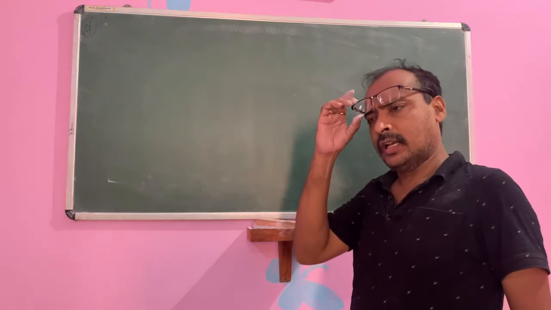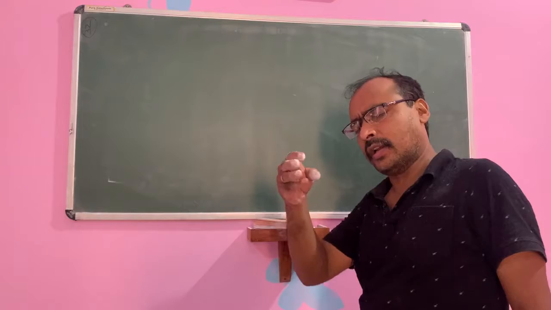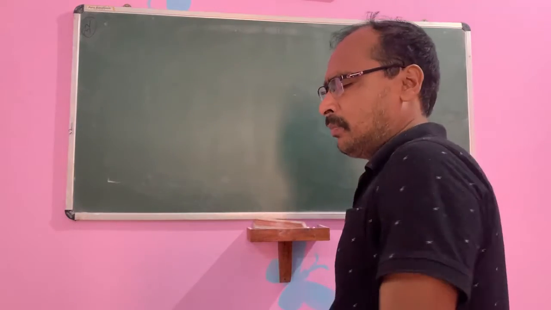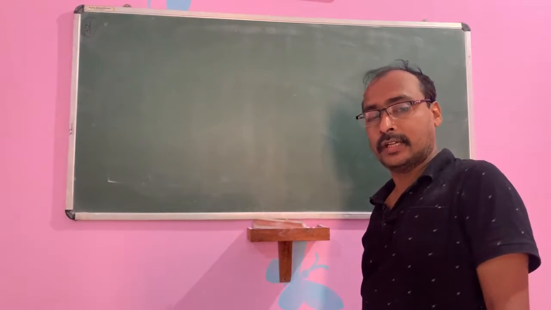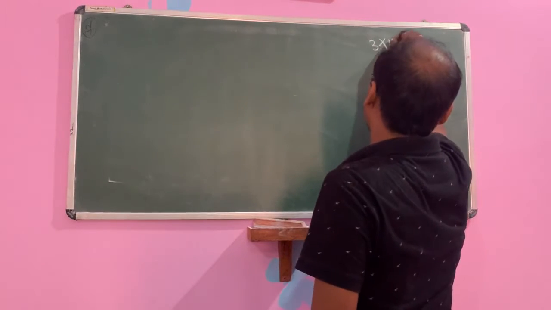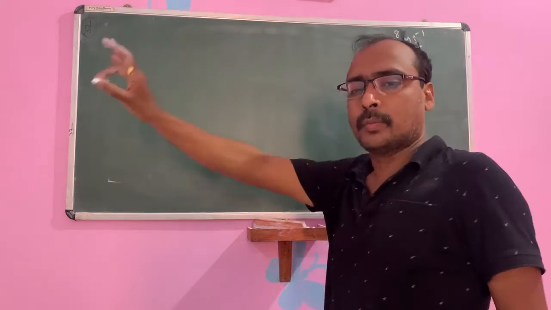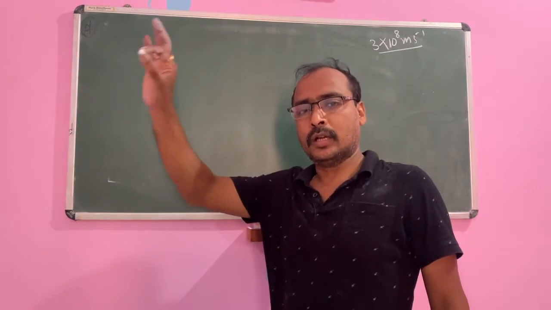First characteristic, the speed of electromagnetic radiation is equal to that of light, because light is also electromagnetic radiation. So what is the speed of light? That is approximately 3 into 10 to the power 8 meter per second. All electromagnetic radiation has the speed of light.